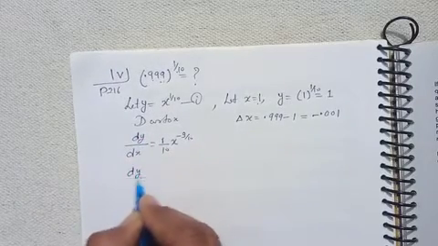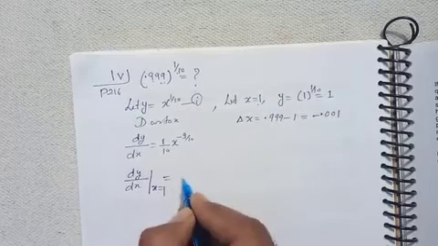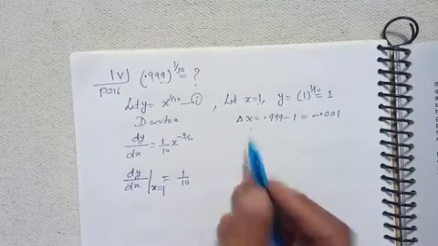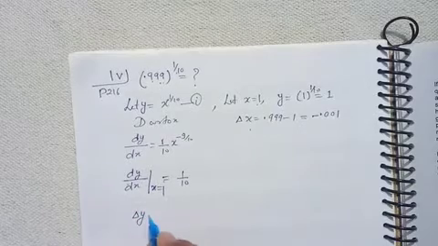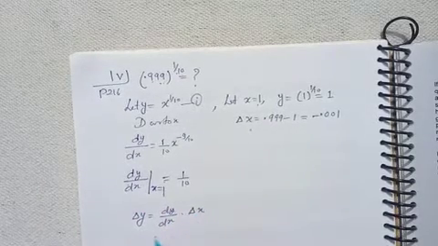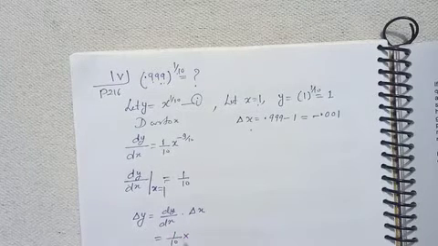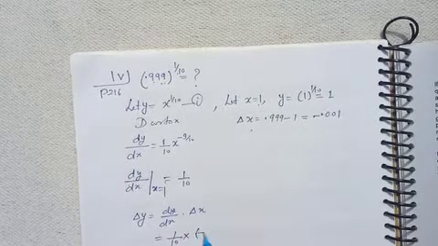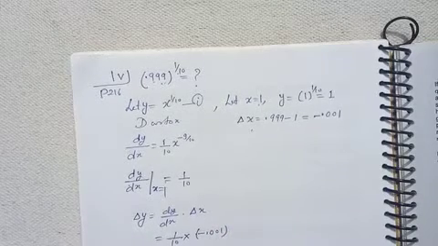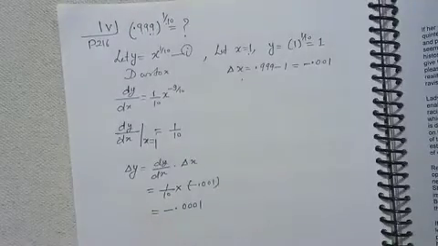Now we have delta x, we have dy by dx. Value of dy by dx for this particular value of x, x is 1, is 1 by 10. So we can calculate delta y. This is dy by dx into delta x. Dy by dx is 1 by 10 and delta x is negative 0.001. It means negative 0.0001.